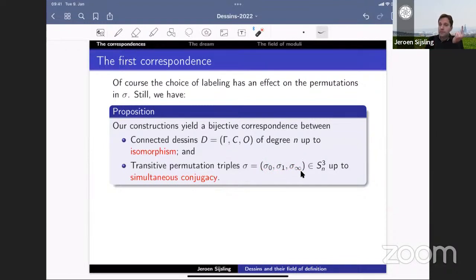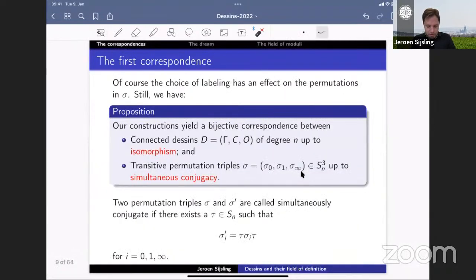What I have just done is use a bijective correspondence between Dessins of degree n up to isomorphism of Dessins, which is defined in a logical way, I'm not quite spelling that out, or in structure preserving maps, and transitive permutation triples with a product equal to 1, with a transitive action, up to simultaneous conjugacy, as it's called.